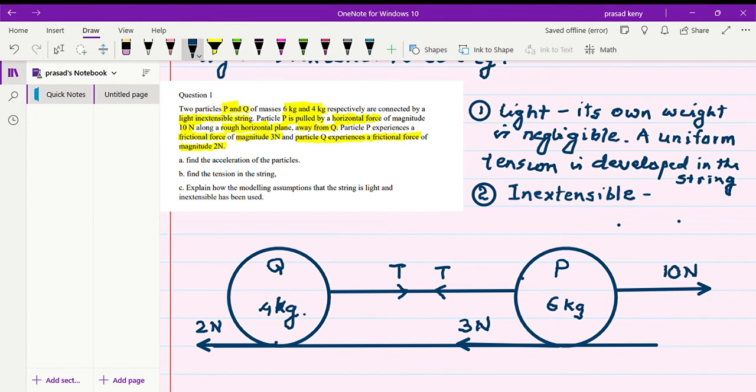Hence it will by itself not either pull or push the particles, and both the particles accelerate at the same rate.